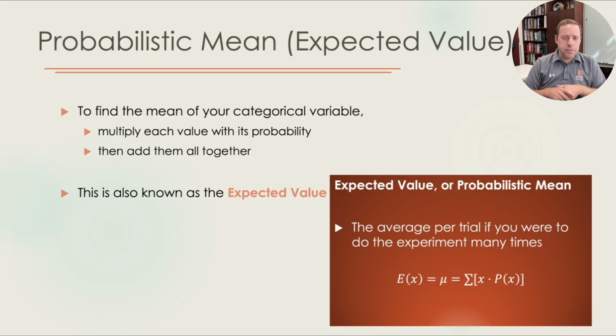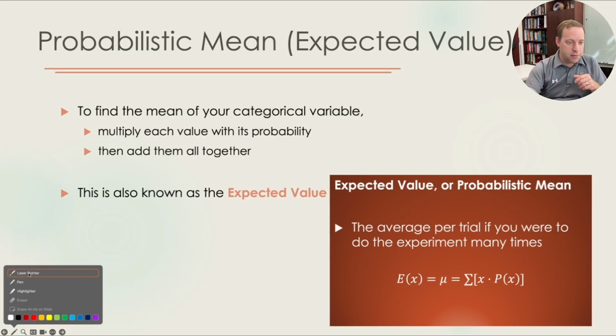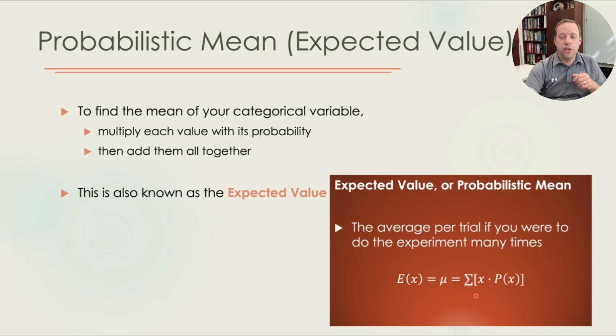So here in this box on the screen, I have the full formula. Let me just quickly explain it, but it is exactly what I just said. The first thing you do is take a value that represents your category and multiply it by its probability. You do that for all of your categories, and then you just add them up.